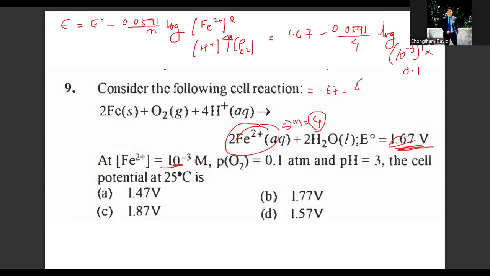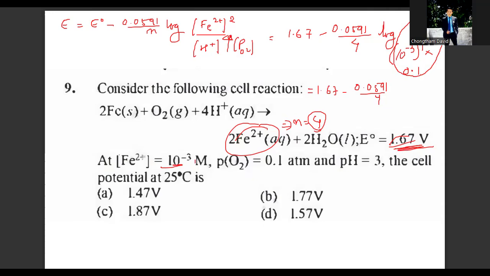1.67 minus 0.0591 divided by 4. So what would be the answer for this entire term? The value for this log would be 14 will raise to the power as plus, and this 0.1 also, if it is added, 14, 13, right?